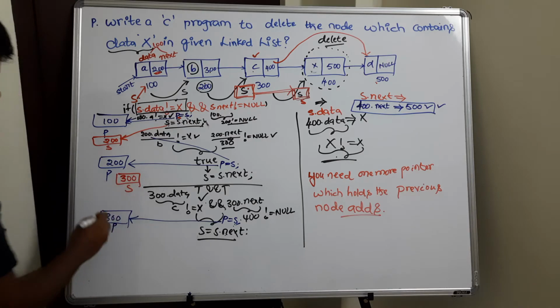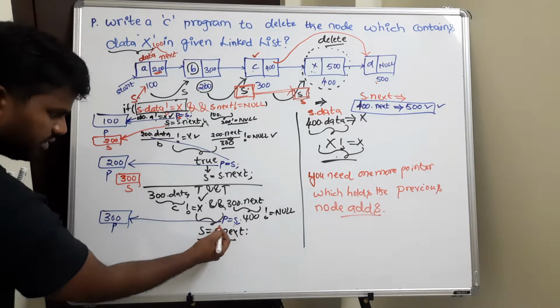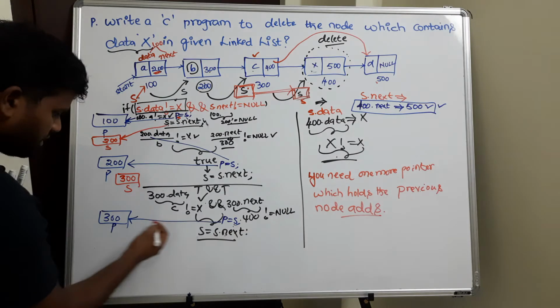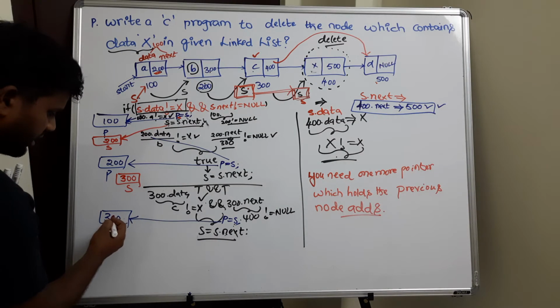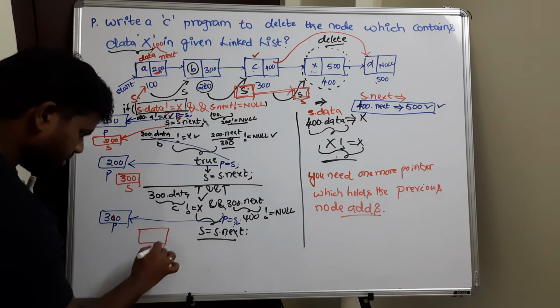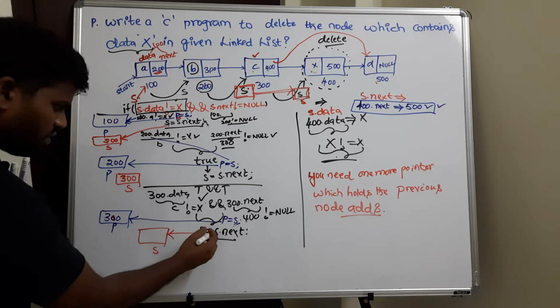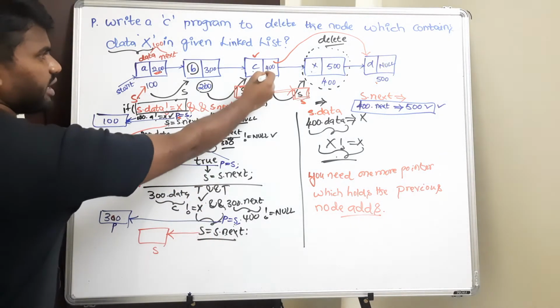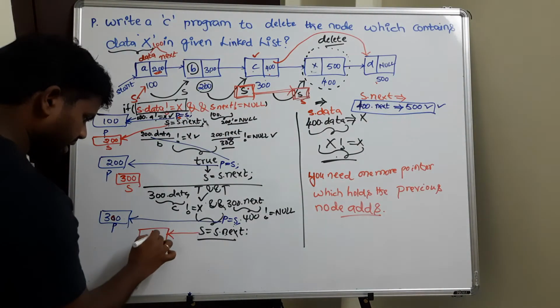Okay, here you are moving. Before moving S, you have allocated that address 300 here, and you are moving S. What is S address here? This particular line, 300 dot next, that is 400, right?